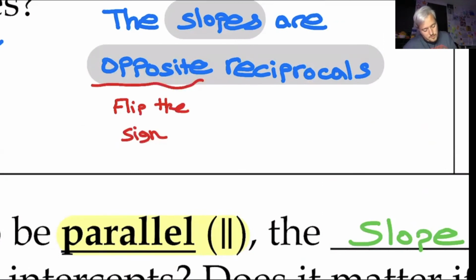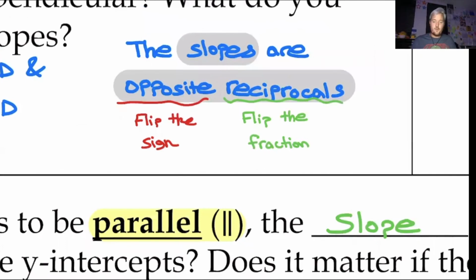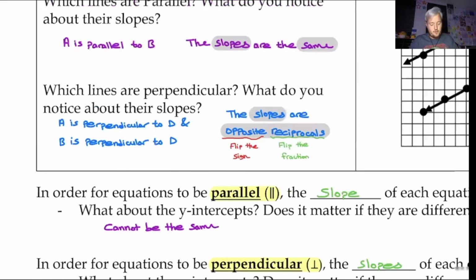And then by reciprocal, what we mean is flip the fraction. So flip the sign, flip the fraction. That's what opposite reciprocal means. We're going to get more into that here in a little bit.